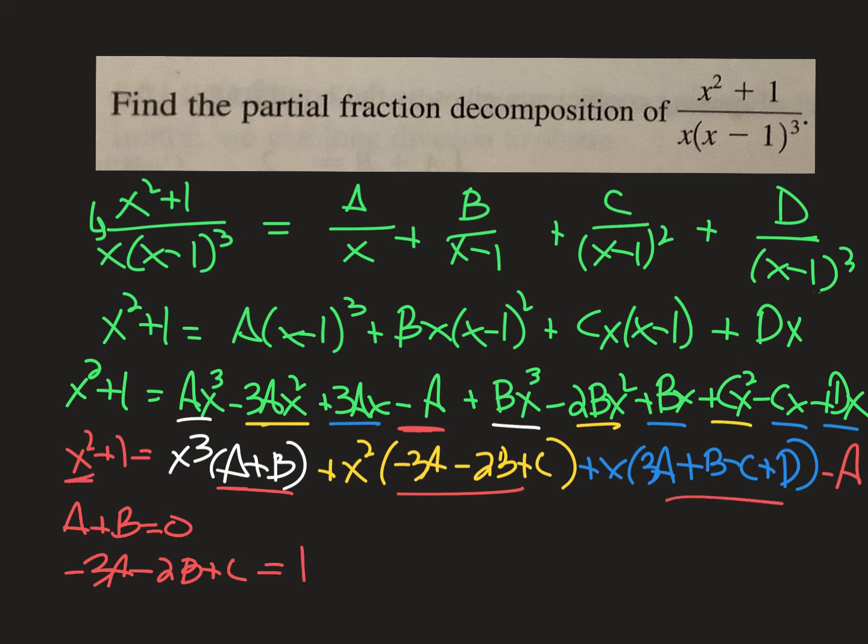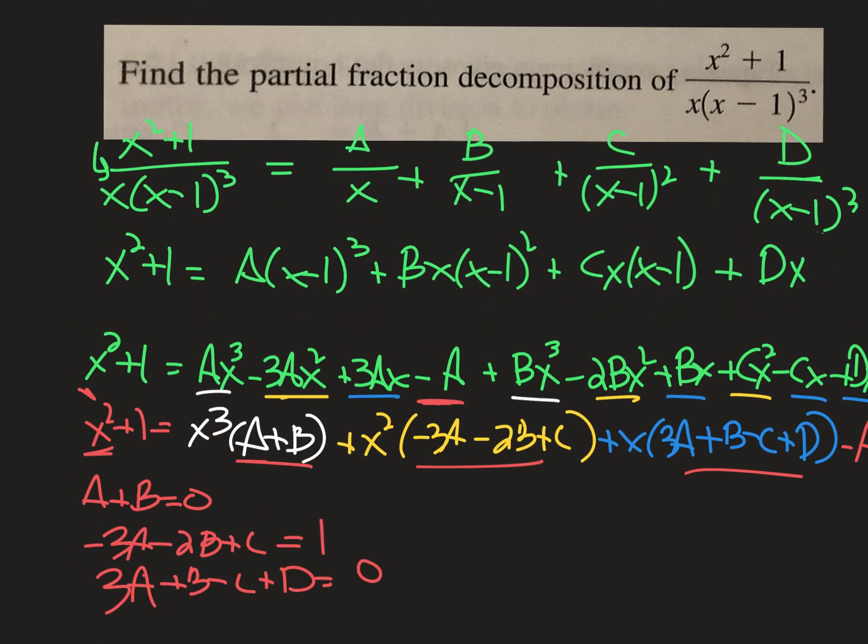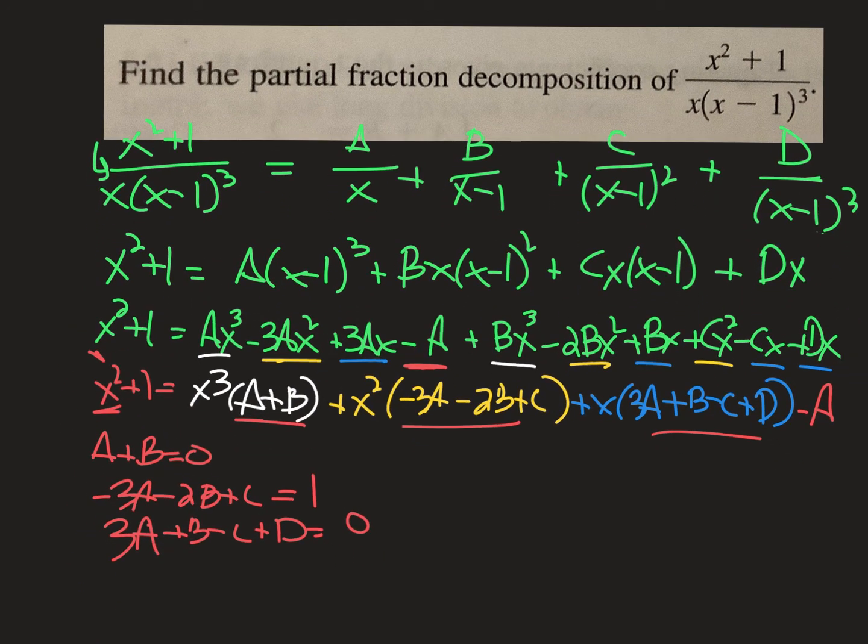My next one, the 3a plus b minus c plus d, has to equal 0 because there's no x on that side. I need to squeeze this up a little bit. And the last thing I know is that negative a has to equal 1 because that's the only constant over there.